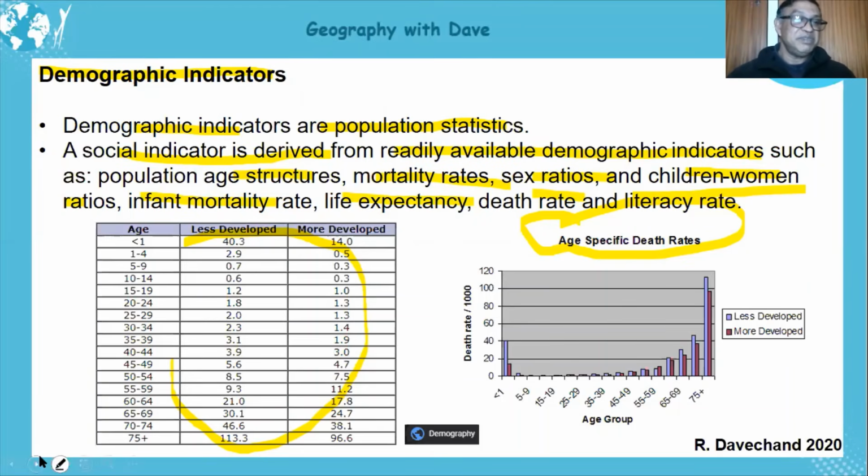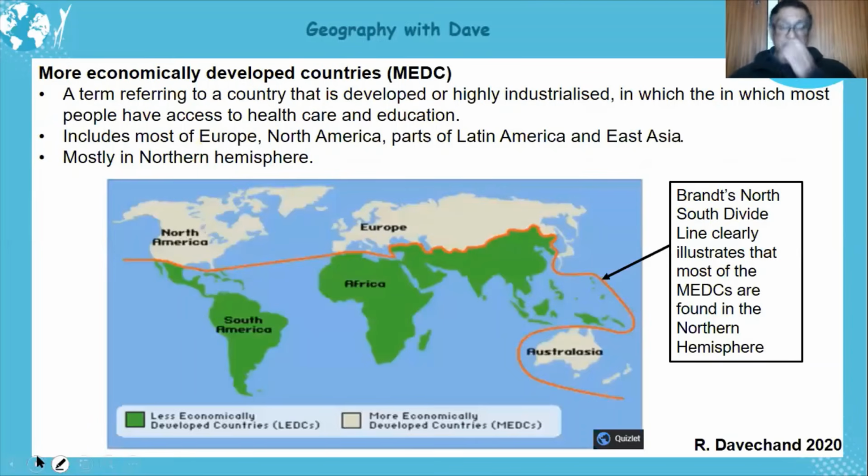Dealing with statistics. Then, of course, let's just summarize again, because I know you've done more economically developed countries and less, but we need to look at it again just to have a review so that you haven't forgotten. I know you did it in grade 9. It's a term referring to a country that is developed or highly industrialized.